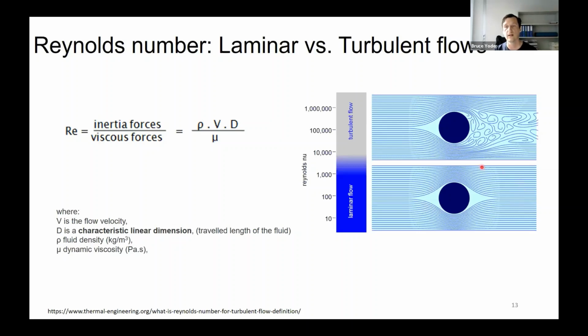Turbulent flow is dominated by inertial forces which tend to produce chaotic eddies, vortices, and other flow instabilities. These flows can be succinctly characterized by the Reynolds number, which is a dimensionless quantity used to help predict similar flow patterns in different situations. The Reynolds number is defined as the ratio of inertial forces to viscous forces.